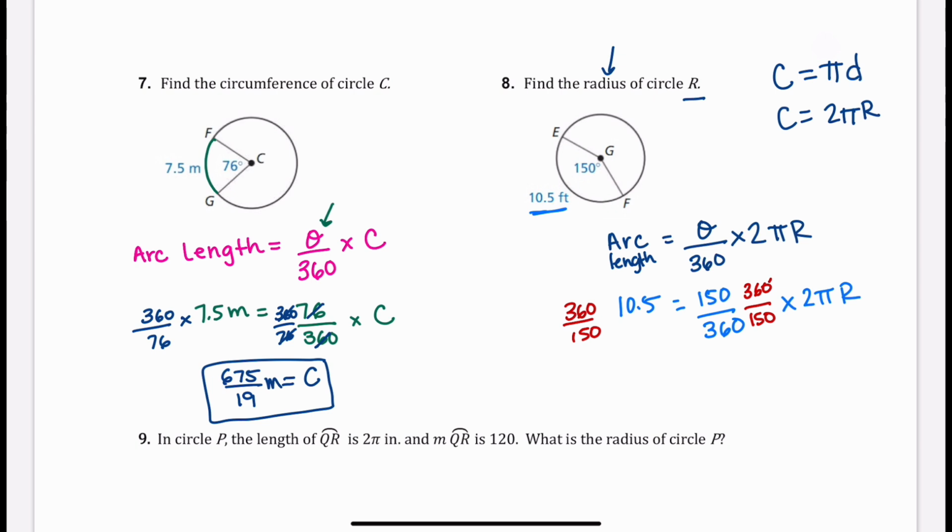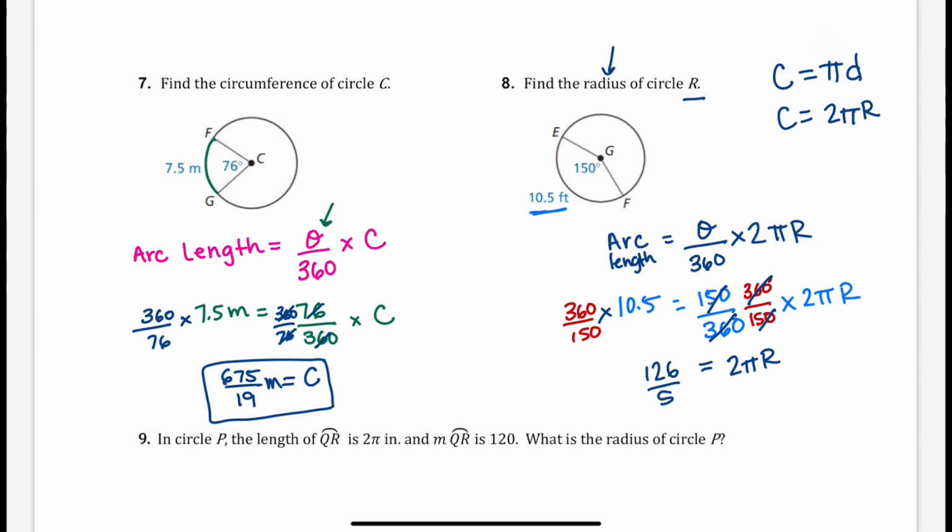And the 360's will cancel. The 150's will cancel, and I'll have 2 pi r. Make sure you put a times in there. I get 126 over 5.